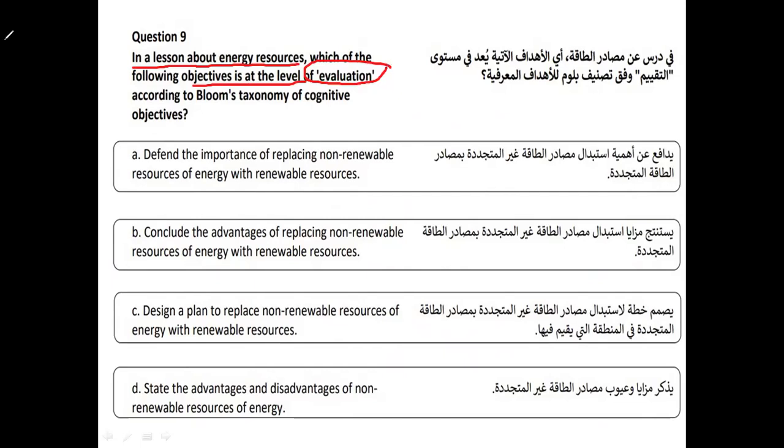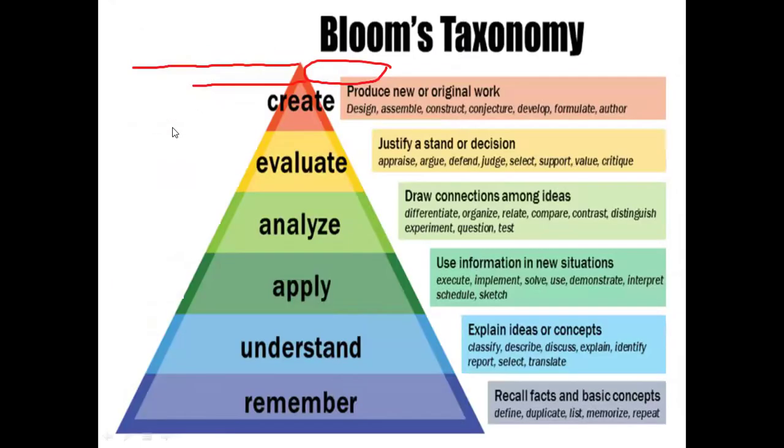We are familiar that Bloom's taxonomy has 3 domains, and one of the important domains is the cognitive domain. The cognitive domain has 2 versions. Number 1, the old one, and another one is the new version. On the screen you can see the new version of Bloom's taxonomy.